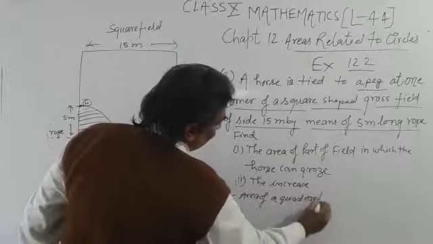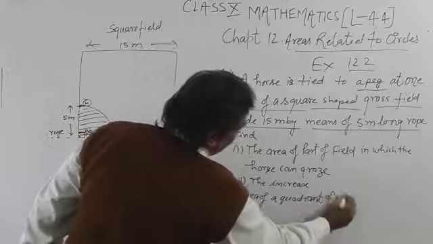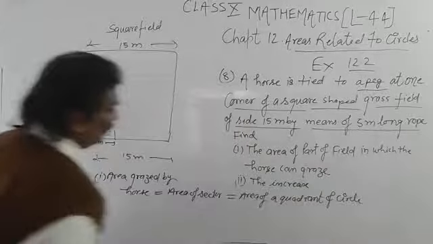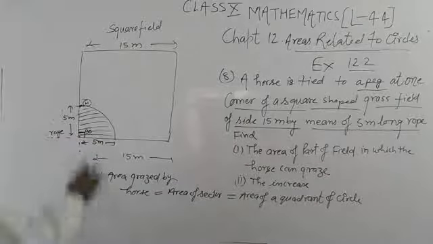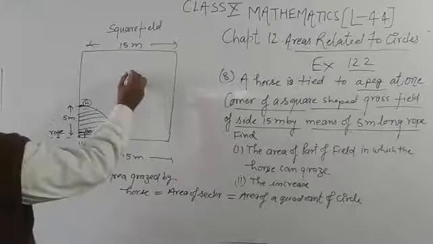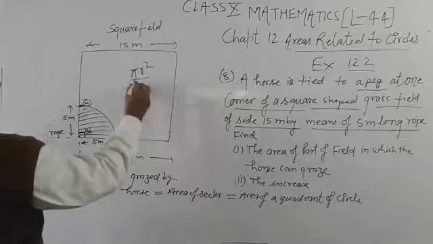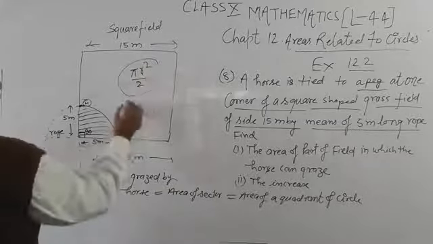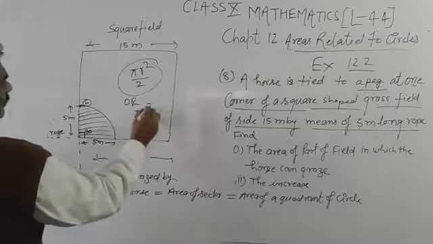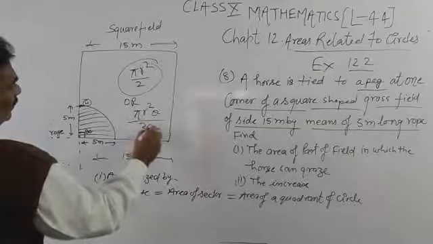So to find the area of this portion, we will use formula 1, pi r square upon 4, or pi r square theta upon 360.